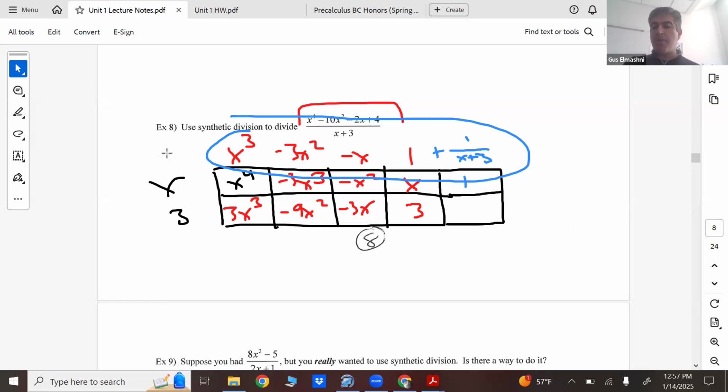So x cubed minus 3x squared minus x plus 1. So plus 1, by the way, is positive. Plus that remainder. And remember, all the diagonals have to add up to all the terms into what you're dividing into. All right, let's keep moving.